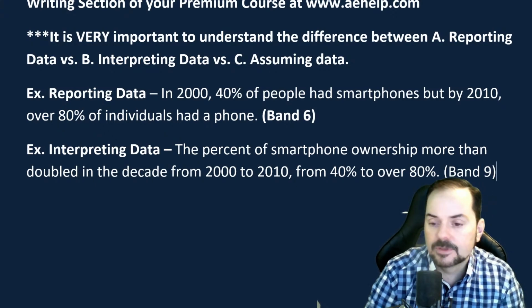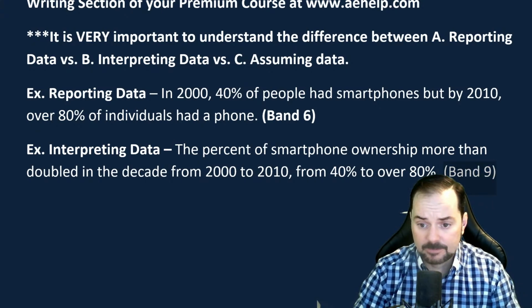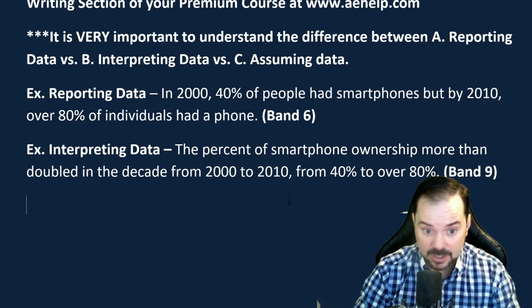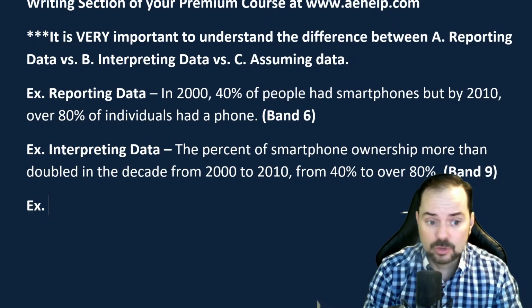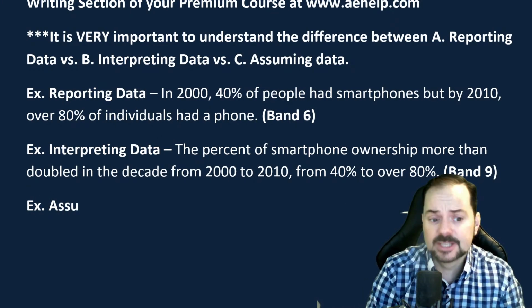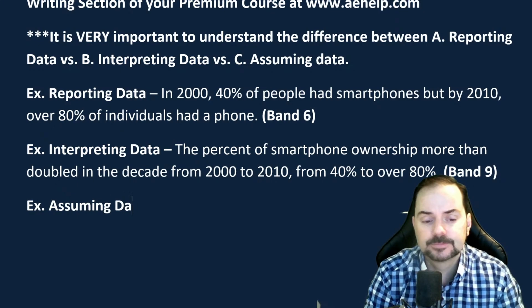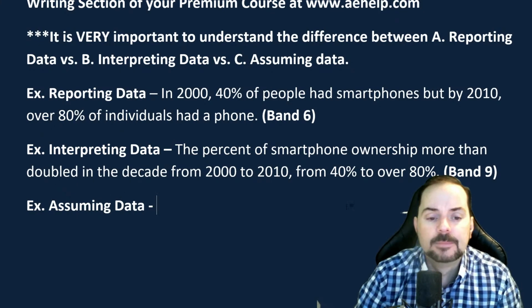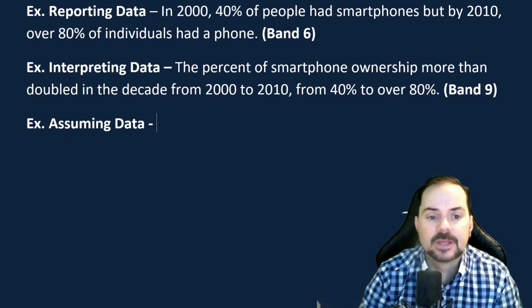So most of your writing for task 1 should be an interpretation of data. Now, assuming data is bad. It's a big no-no. So assuming data would be something like this.